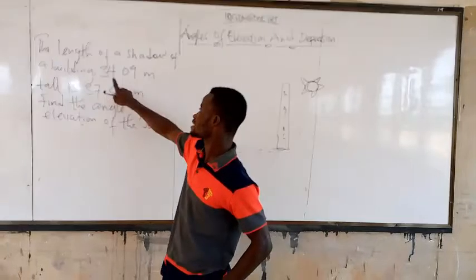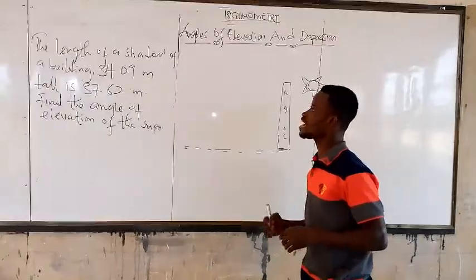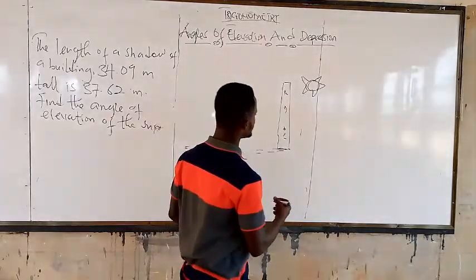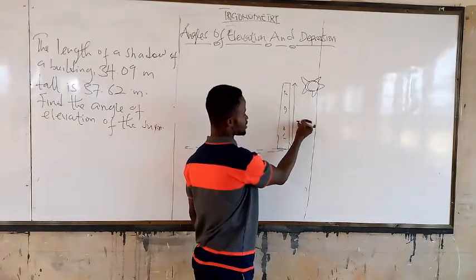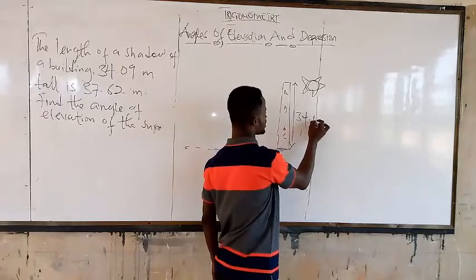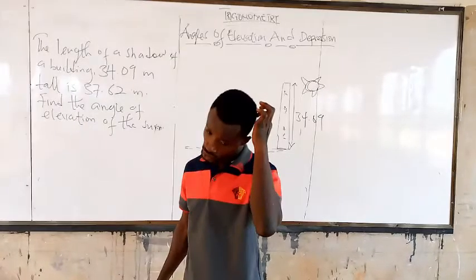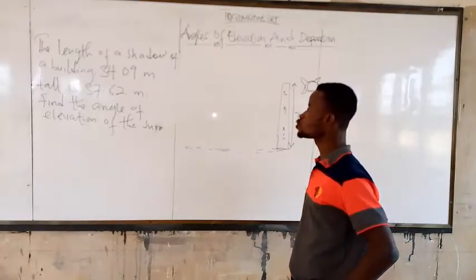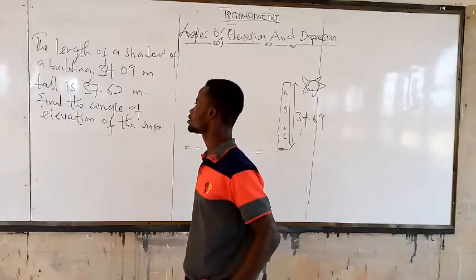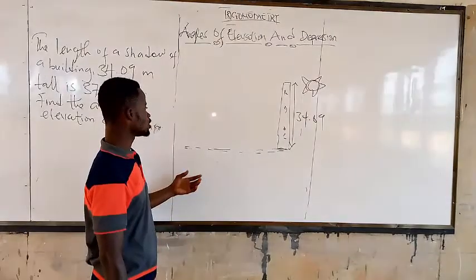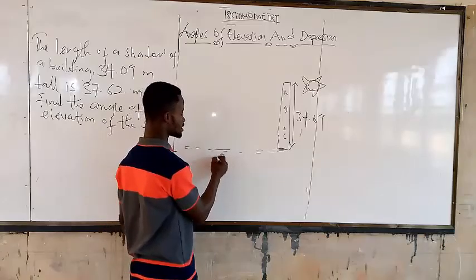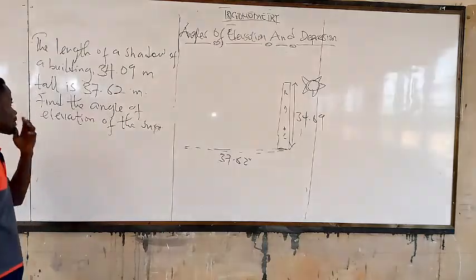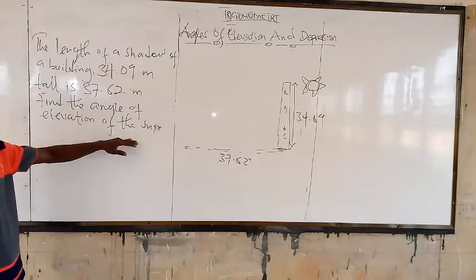So the length of the building is 34.09 meters, and the 37.62 meters represents the level ground. Find the angle of elevation of the sun.